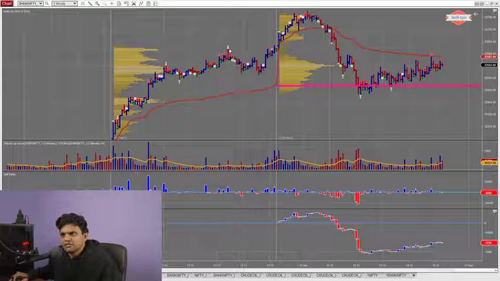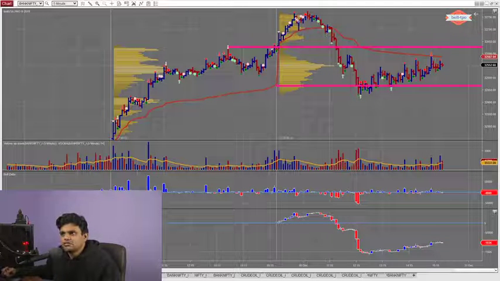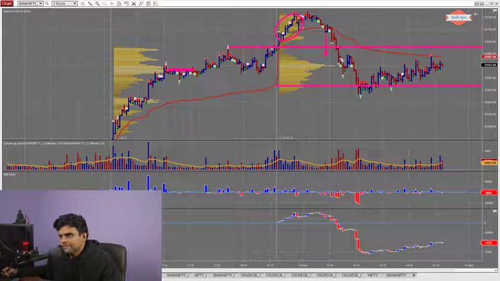So this was yesterday's high. You go above yesterday's high, you see all kinds of limit selling happening here. Then market crosses below this. It crosses below yesterday's HVN. Then it comes to yesterday's VWAP.